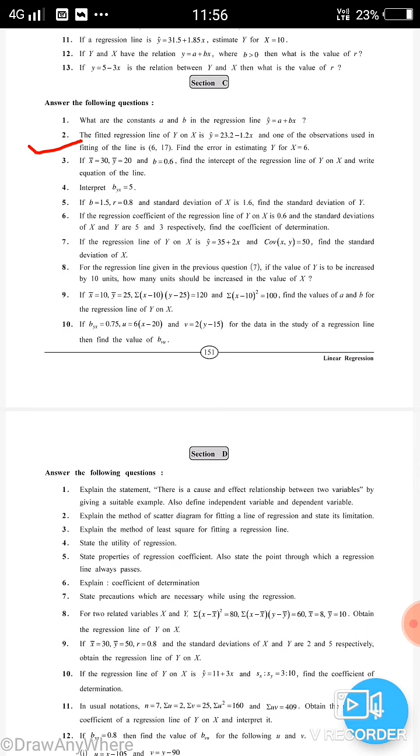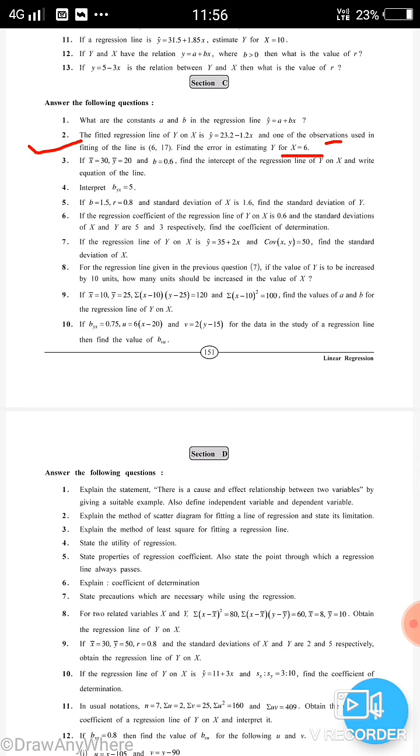Here the value x is equal to 6 is given. Now we have to apply y cap is equal to a plus bx.